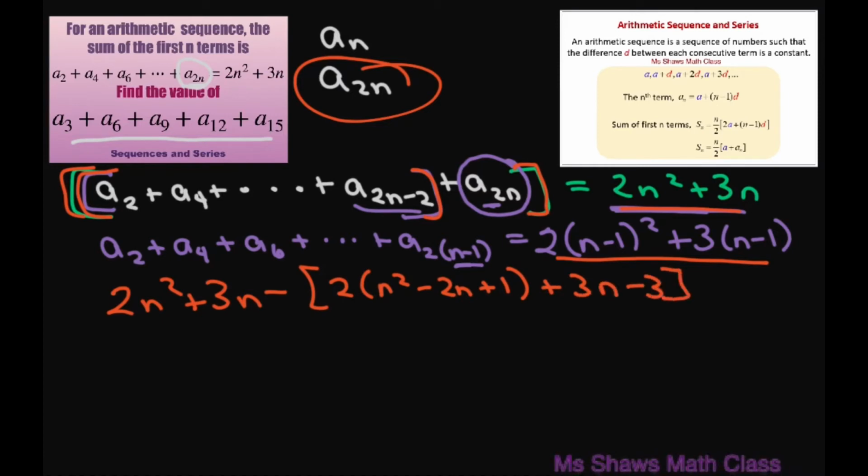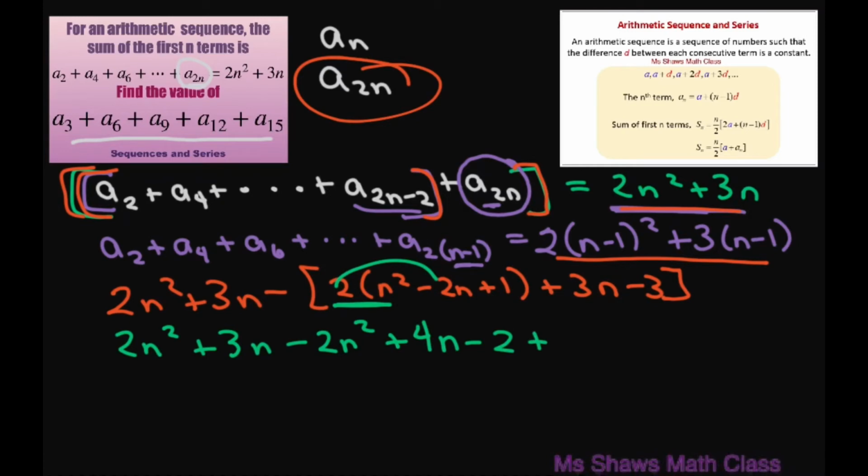Let's simplify this. We're going to get 2n squared plus 3n. I hope I can do this right. So this is going to be minus 2n squared, this is going to be plus 4n, then you're going to have minus 2, right? You have to distribute that 2.